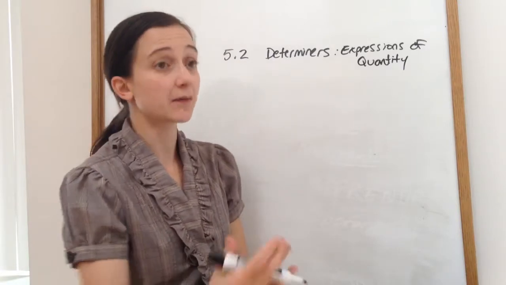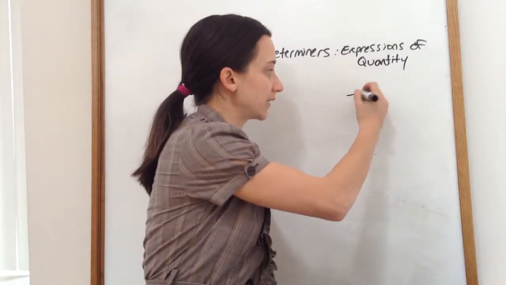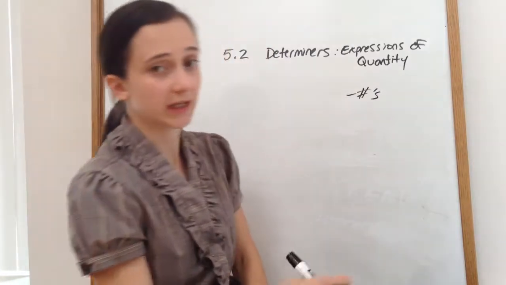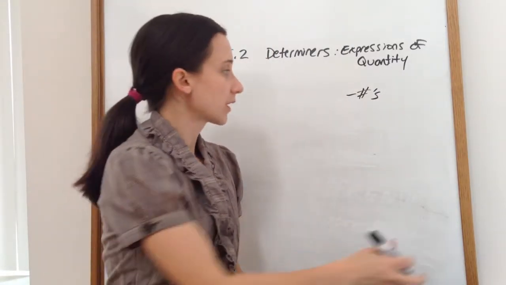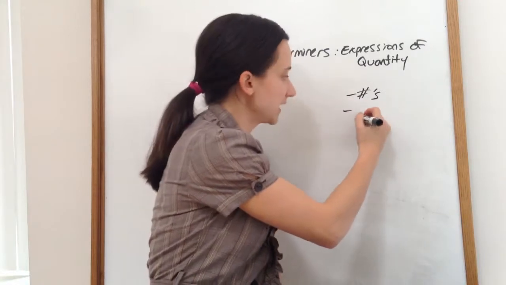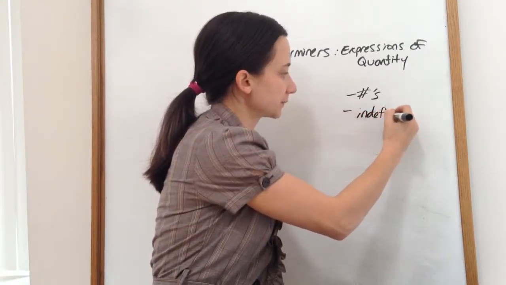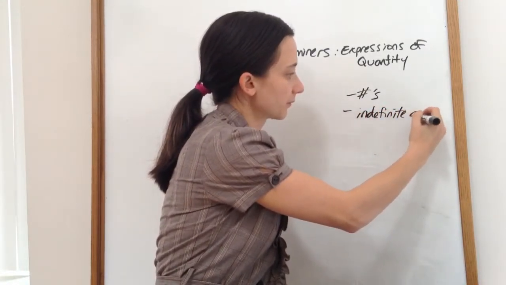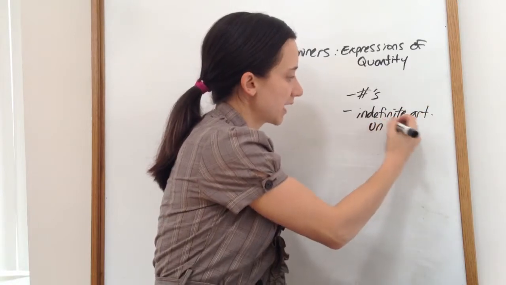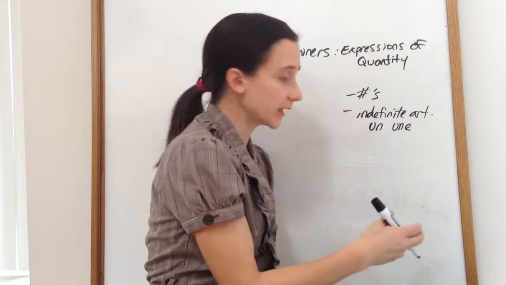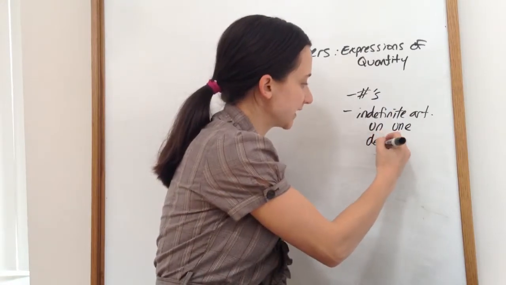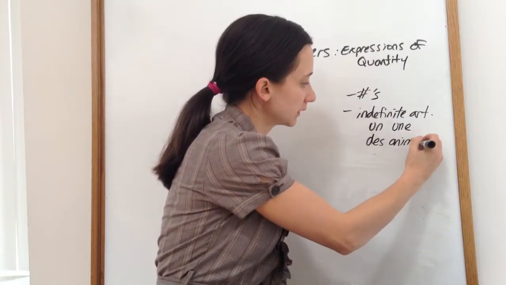We have several ways. We have numbers: 1 toy, 2 toys, 3 dogs. We have our indefinite articles: un chien, une gomme, an eraser, des animaux.